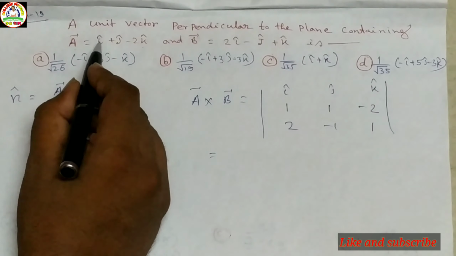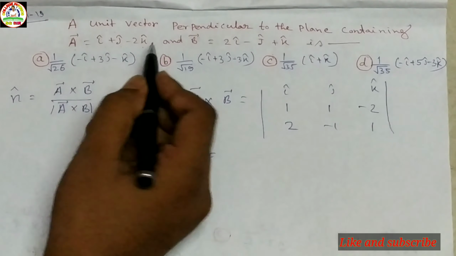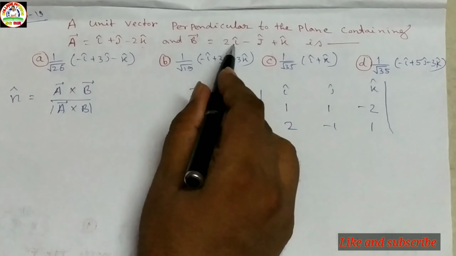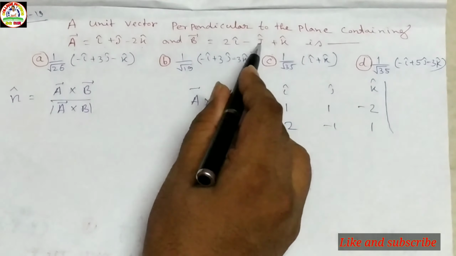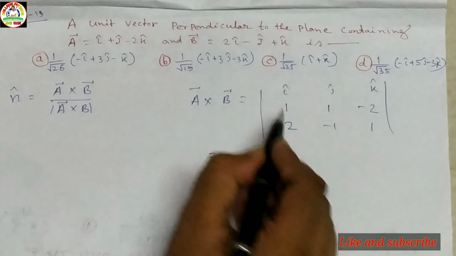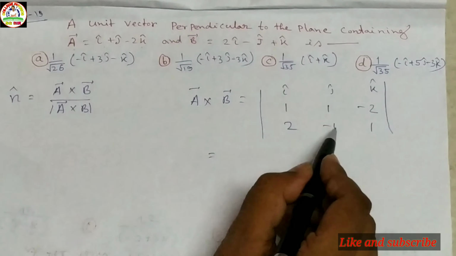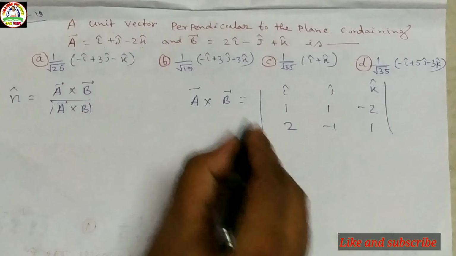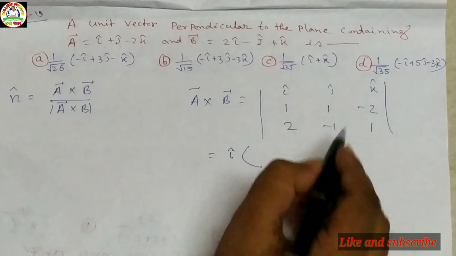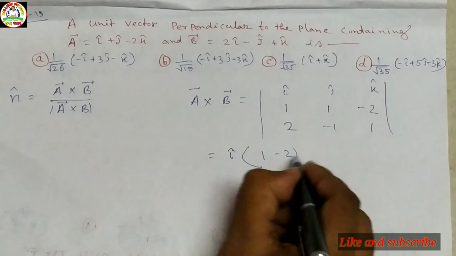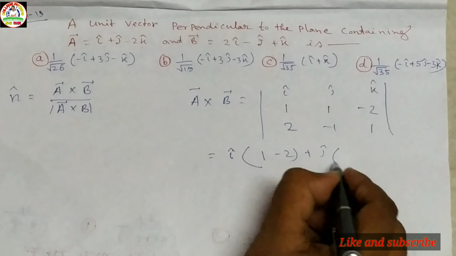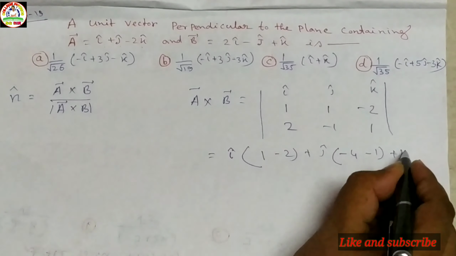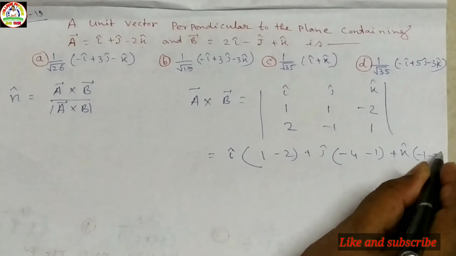So A is equal to i cap plus j cap minus 2k cap, so we write 1, 1, minus 2, and vector B is equal to 2i cap minus j cap plus k cap, so B coefficients are 2, minus 1, 1. So we calculate A cross B: i cap into (1 minus 2) plus j cap into (minus 4 minus 1) plus k cap into (minus 1 minus 2).